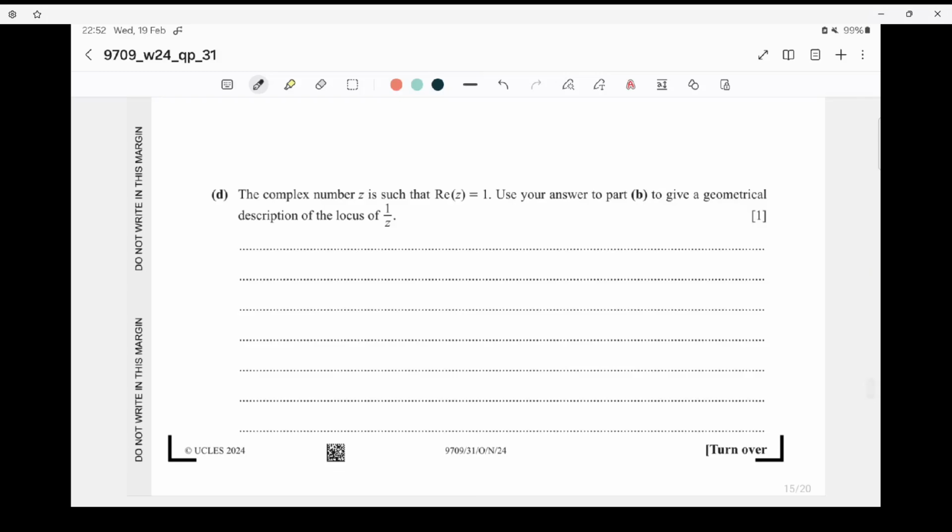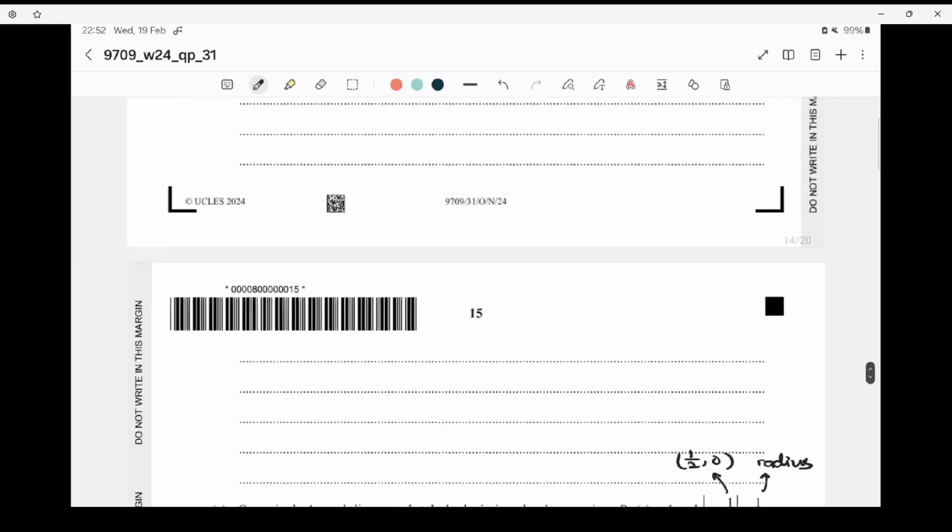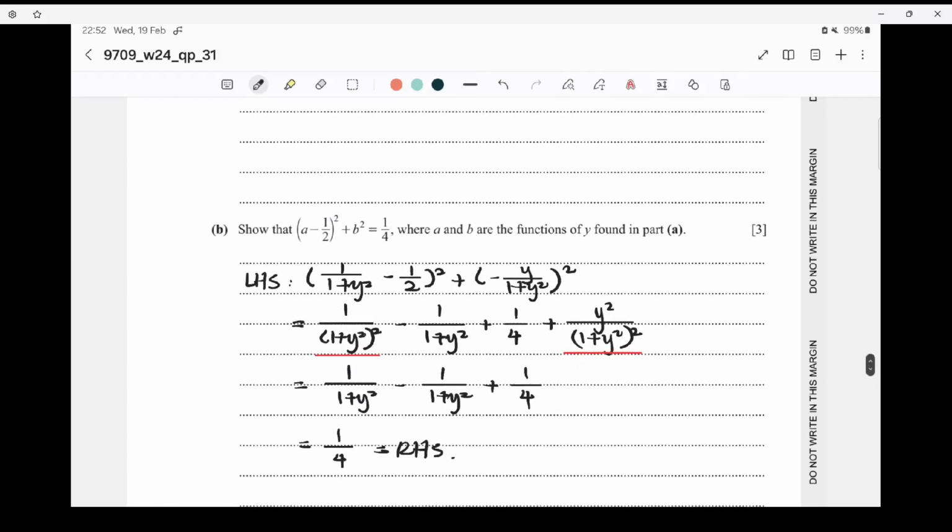Complex number z is such that the real part is 1. Use your answer in B to give a geometrical description of 1 over z. So when you look at part B, essentially this is the equation of a circle, and we know that a and b come from 1 over z.